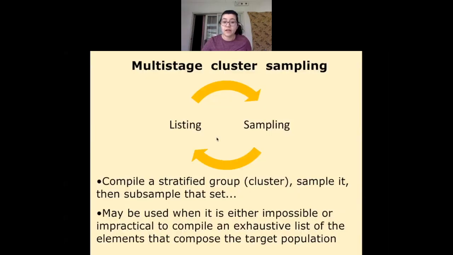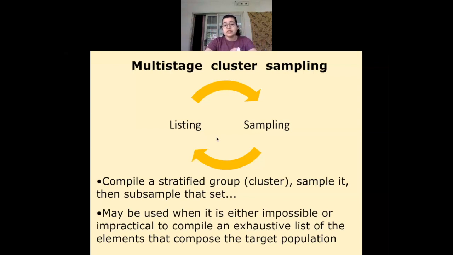Okay. And then there's the multi-stage cluster sampling. And it's just an iterative process of listing and sampling and listing and sampling. And it could have one of those processes, or it could have multiple stages.